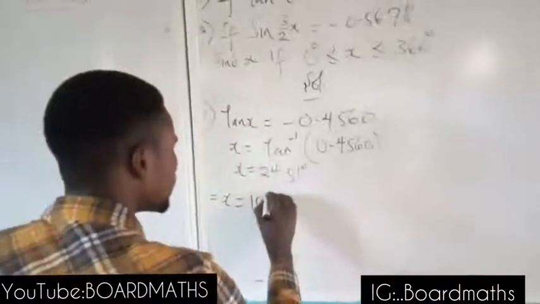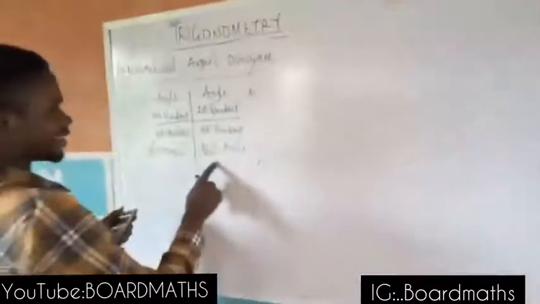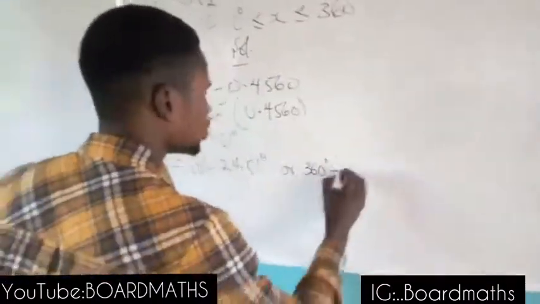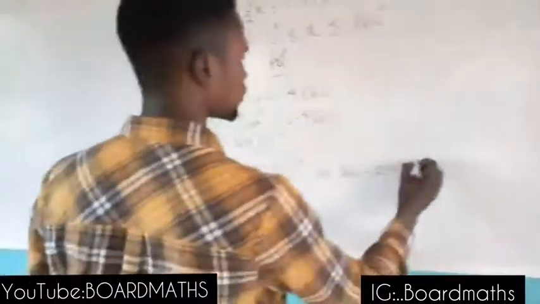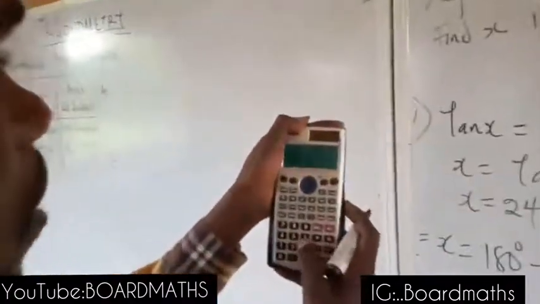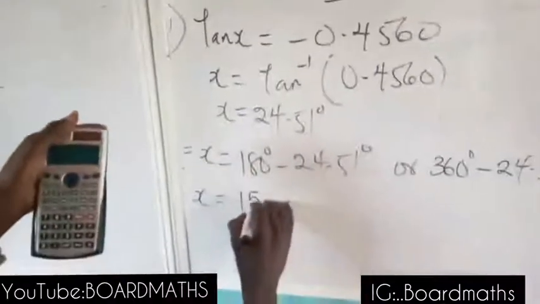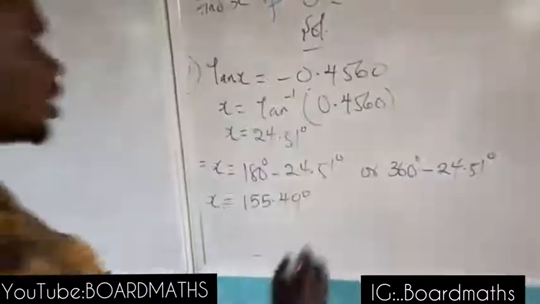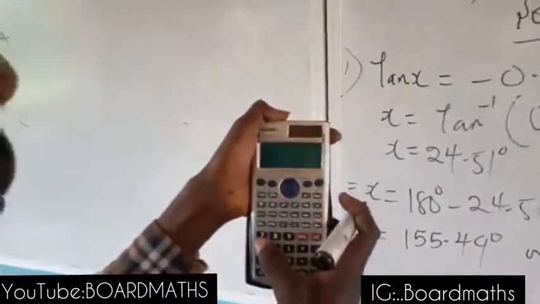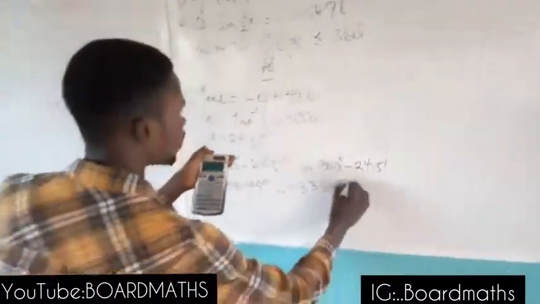That's 180 degrees minus 24.51 degrees, or, fourth quadrant, 360 degrees minus angle, which is 360 degrees minus 24.51 degrees. So 180 minus 24.51 is 155.49 degrees, or 360 degrees minus 24.51 is 335.49 degrees.